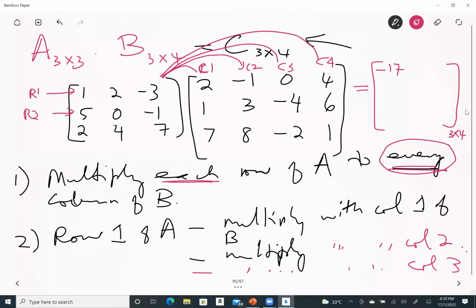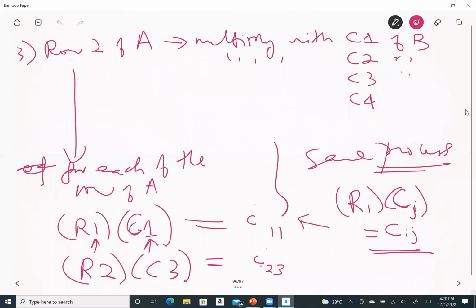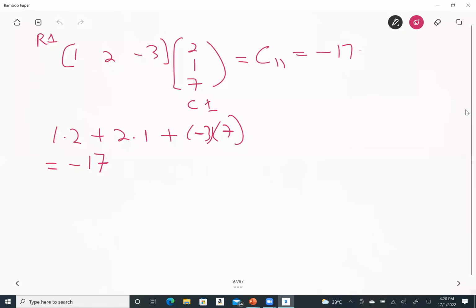And then you multiply row 1, column 2. Row 1, column 2. What do I get? You multiply. So for the next one, row 1, what do you get? Minus 19. Okay, I'll check. So 1, 2, negative 3, you multiply with negative 1, 3, 8. So that is column number 2.